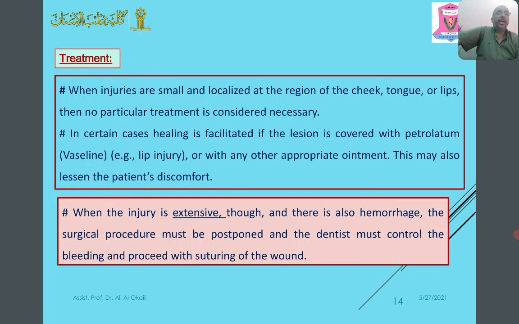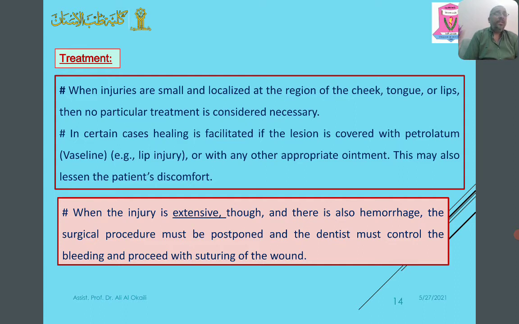شو نسوي بهالحالة؟ When injuries are small and localized at the region of the cheek or tongue or lips, then no particular treatment, ما اكو أي إجراء، مجرد reassurance for your patient. In certain cases, healing is facilitated if the lesion is covered with Vaseline لأن يسوي لها isolation من السلايفة فيصير enhancement of healing.